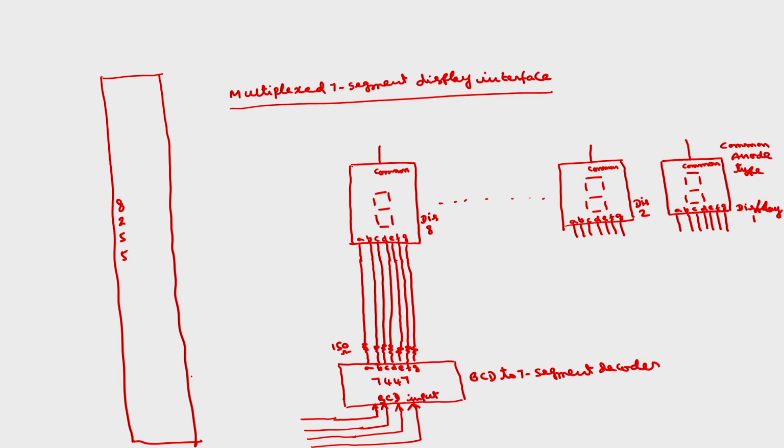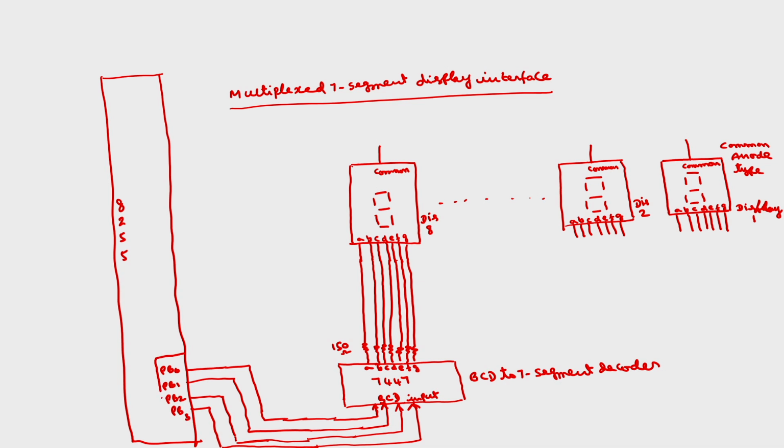Let us assume that this is port B, and I am going to connect to PB0, PB1, PB2, PB3.